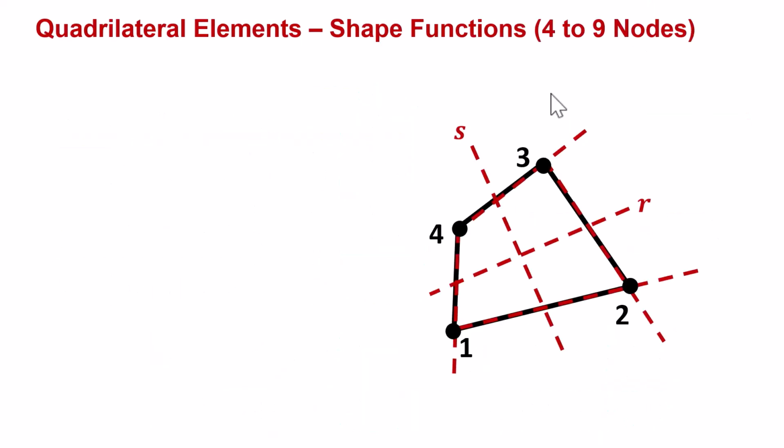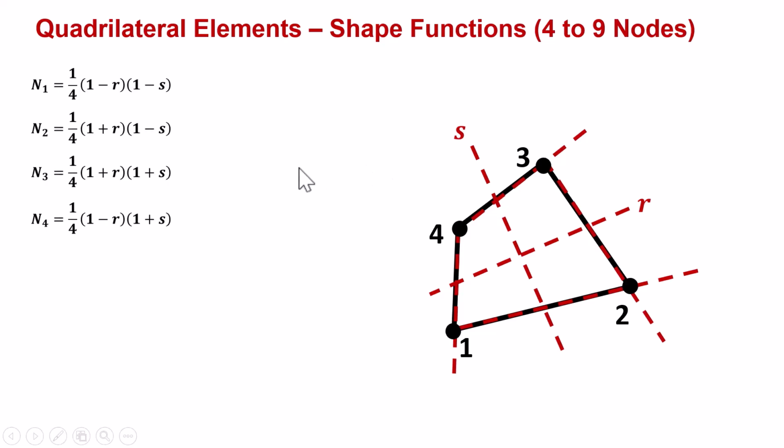This final slide summarizes how we can systematically construct the shape functions for quadrilateral elements with 4 to 9 nodes. We begin with the simplest case, the 4-node element numbered counterclockwise, giving us N1 through N4, as you can see in the slide.